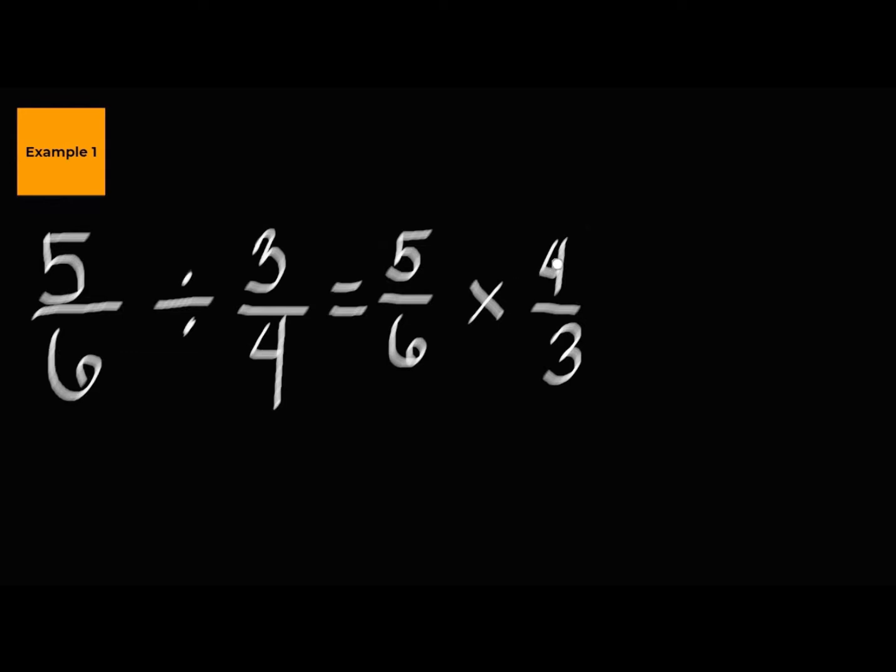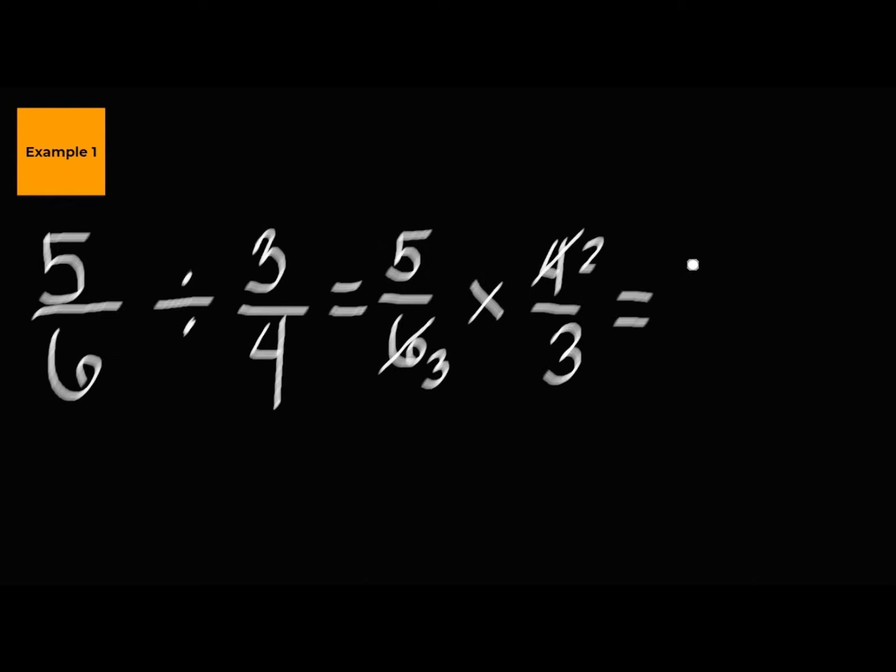We can divide both our numerator here and our denominator in the other fraction by 2. That is 6 divided by 2 equals 3 and 4 divided by 2 equals 2. Since there is nothing more to pair out, we can now multiply the remaining numbers.